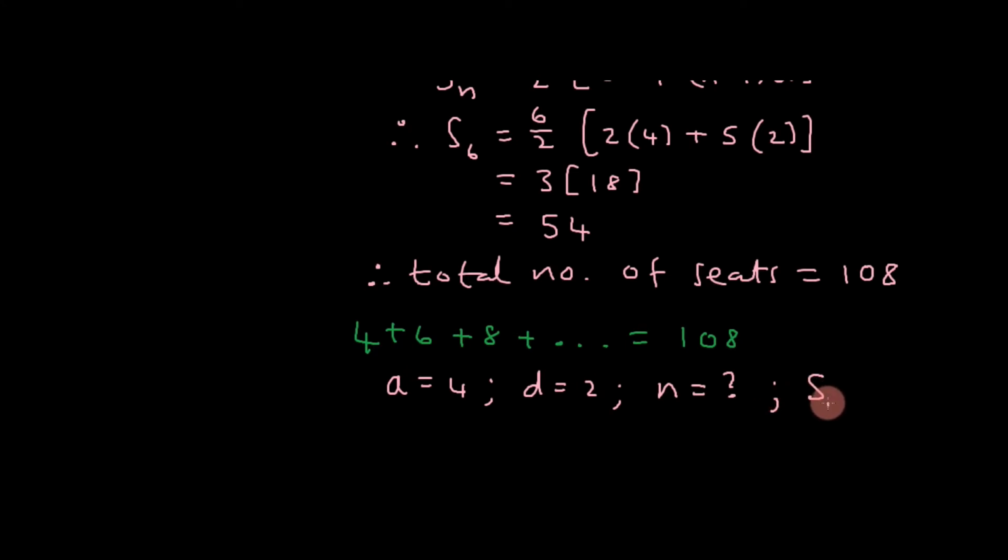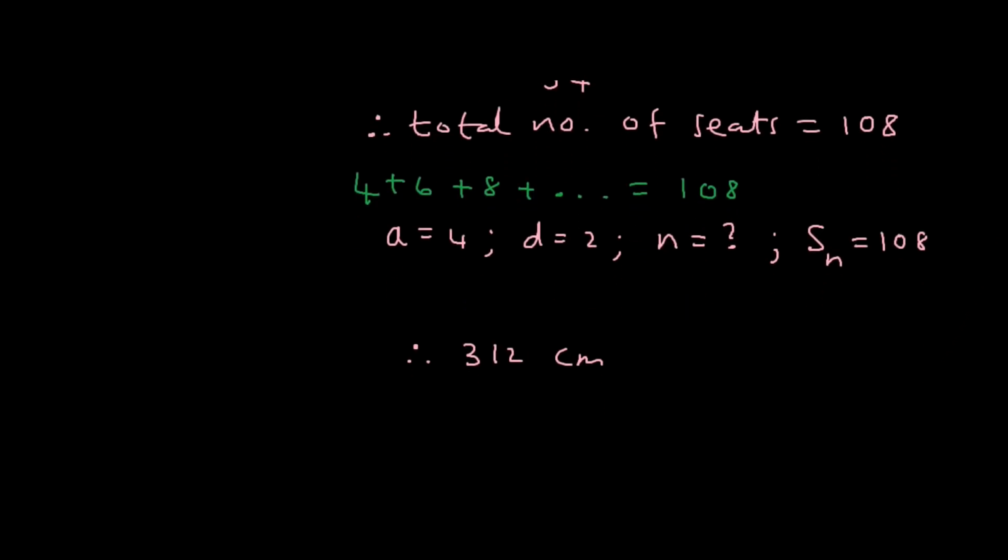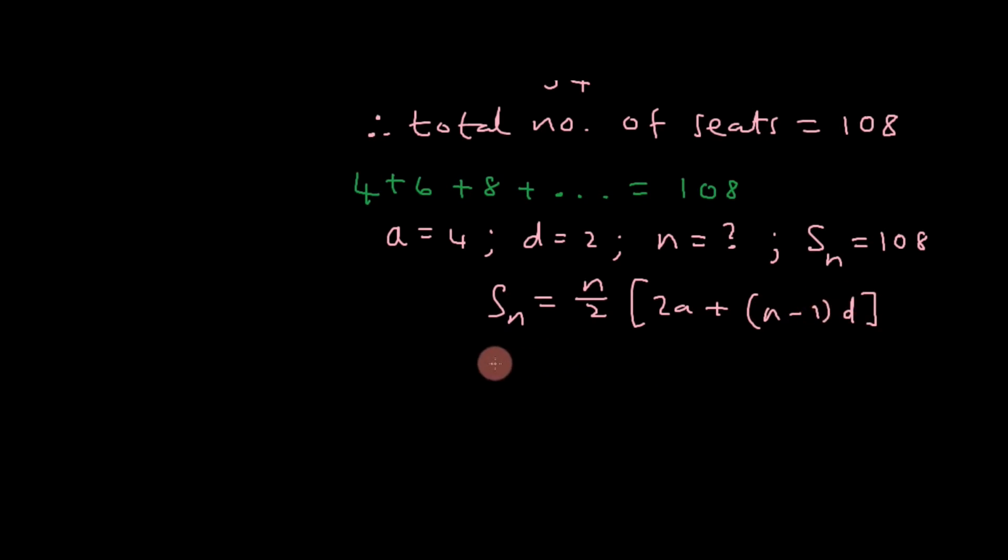But we do know S sub n is 108. So using the sum formula again, we have S sub n equals n over 2 into 2a plus n minus 1 times d. And in this case, S sub n is 108. We need to find n.